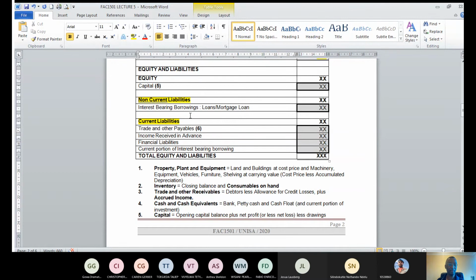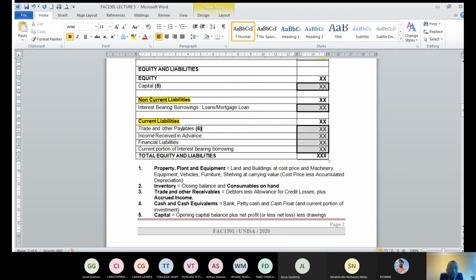Your non-current liabilities will consist of what we call interest-bearing borrowings, which are our long-term loans or our mortgage loans. You will put those amounts down there, put it in a block, add it up, and that will be our non-current liabilities.